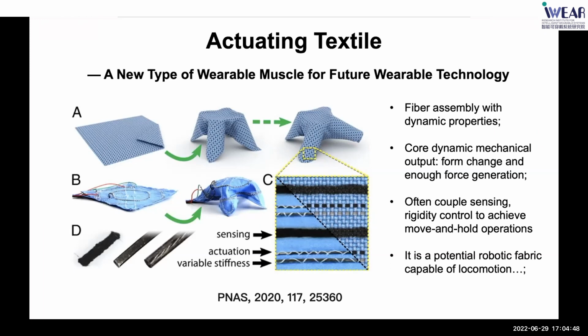And it often works together with a sensor to control the rigidity and to achieve move and hold operations. Usually, it can be regarded as a robotic fabric and can achieve many applications.